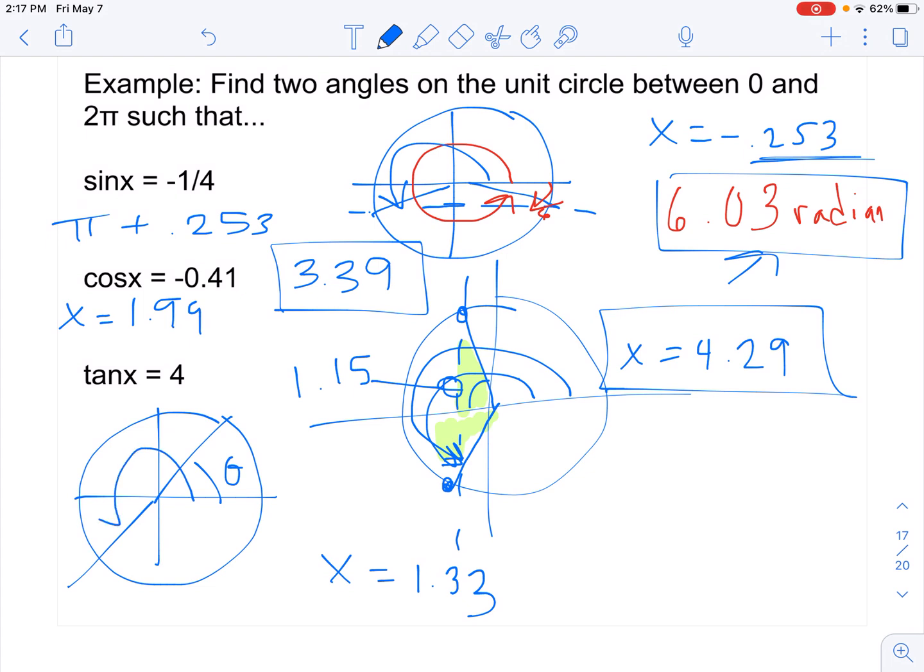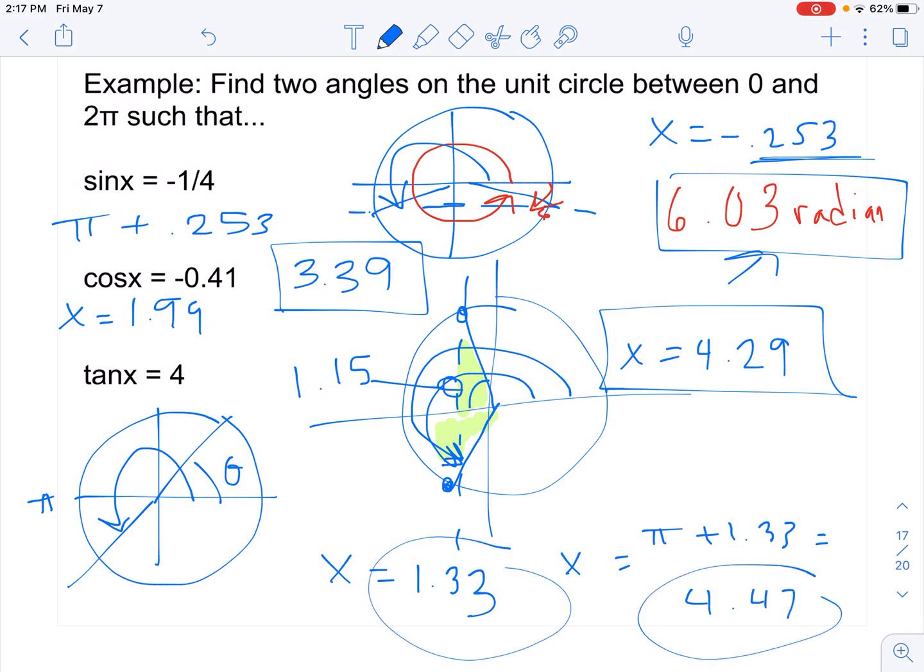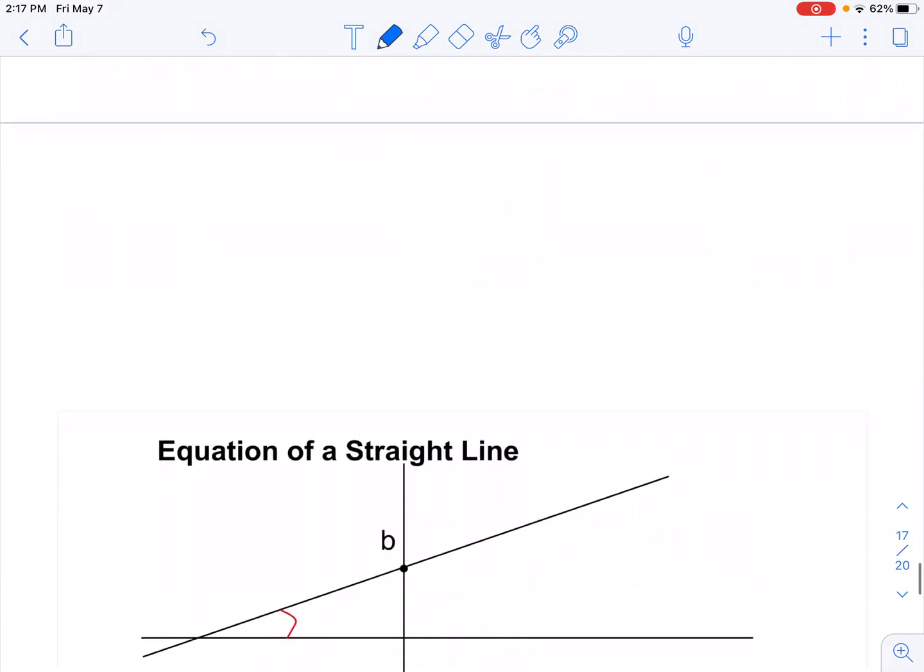To find the angle in the third quadrant, I just need to do pi plus 1.33, and I get 4.47. I really think drawing the picture will help.